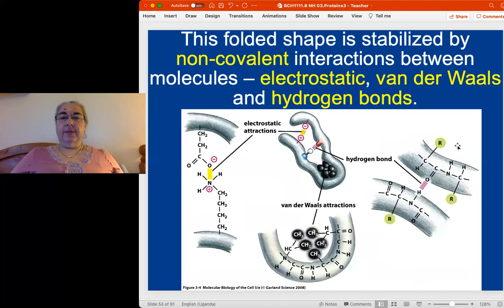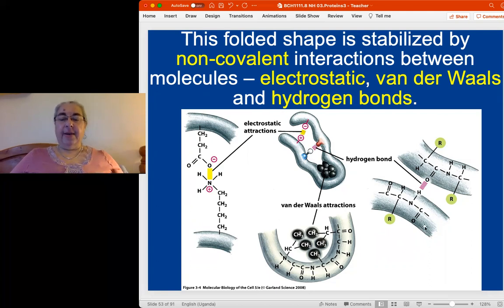Okay, so polypeptide chains often fold because of these hydrophilic and hydrophobic interactions. Once they have adopted that folded shape, a lot of other interactions start joining in as well, which stabilize that folded shape and hold it in place.